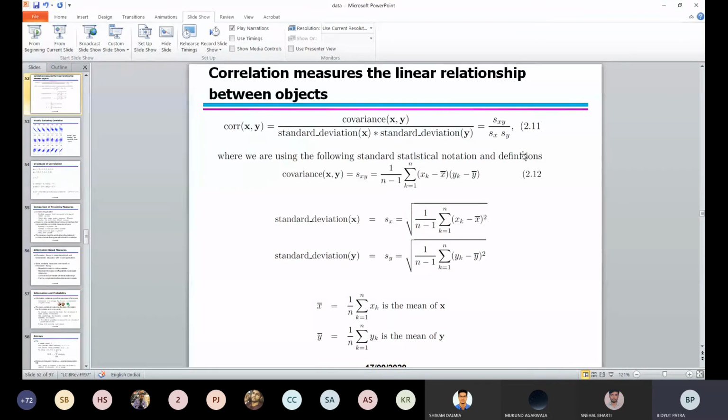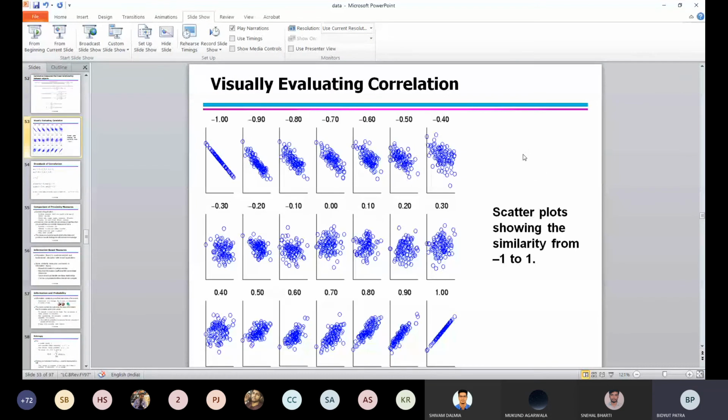There are different ways to compute the correlation, that I will come to later. Now this is one example: the correlation value ranges from -1 to +1. If the points are like this, they are negatively correlated, and if both are positively correlated, you will get this value.